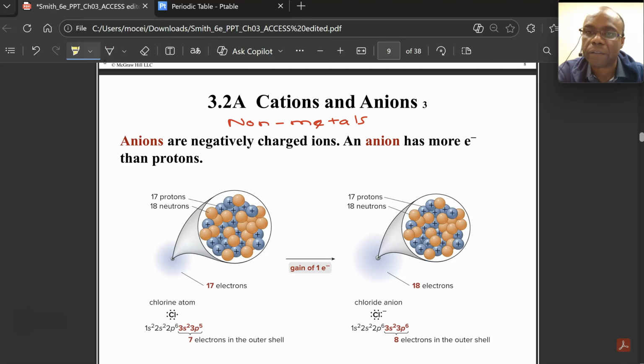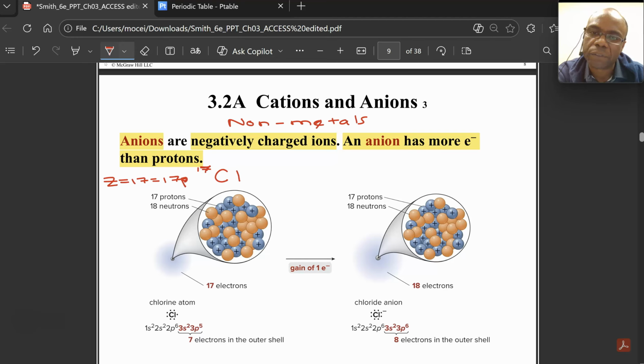So anions are negatively charged ions because they have more electrons than protons. Now let's take the case study of chlorine. Chlorine has atomic number 17, so Z equals 17, meaning 17 protons.